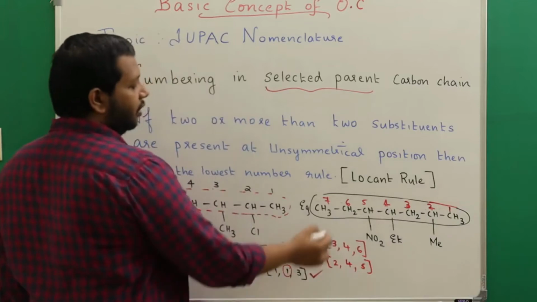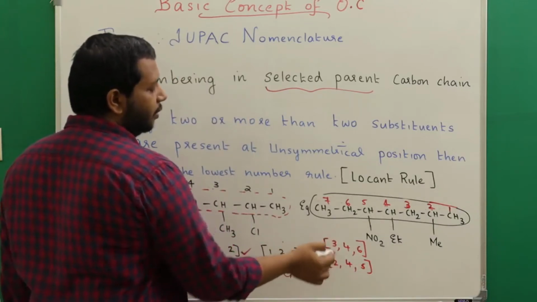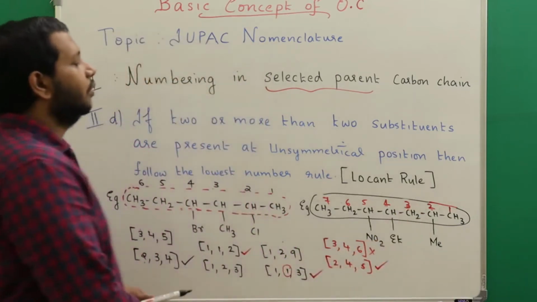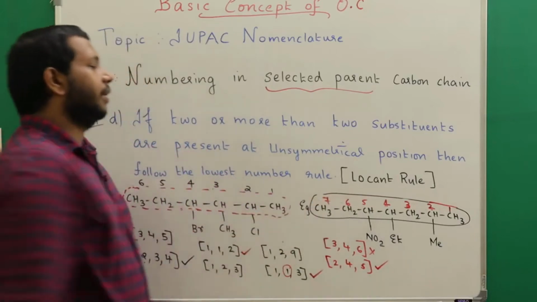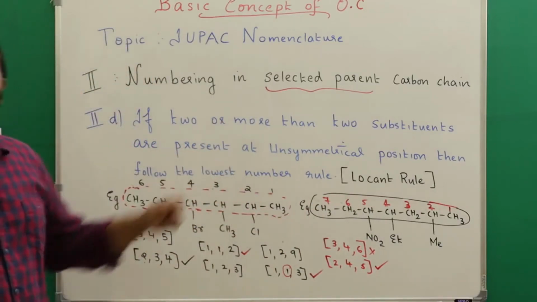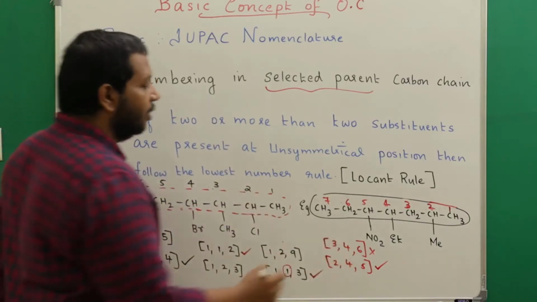On comparing, you will understand that in the first number itself there is a difference, where the lowest number is 2. So this is my correct locant and the other is wrong. So this is my correct way of numbering. This is the way you need to follow whenever there is an unsymmetrical condition. If there is a symmetrical condition, you will get the locant differently.